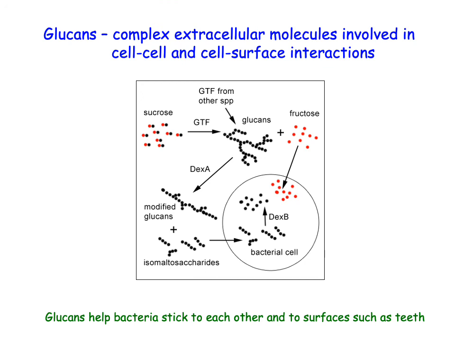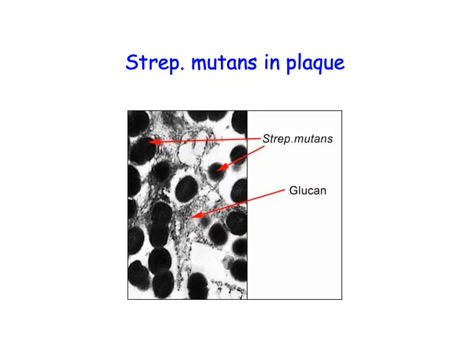So I'll show you a couple of pictures of that. But this allows the strep mutans to stick to itself as well as to stick to other surfaces like the tooth surface. So in this picture, the strep mutans cells are shown in black, and you can see this glucan matrix surrounding them. Show you another picture.